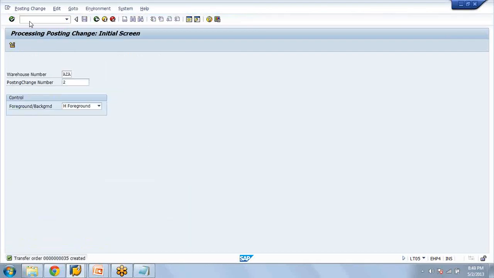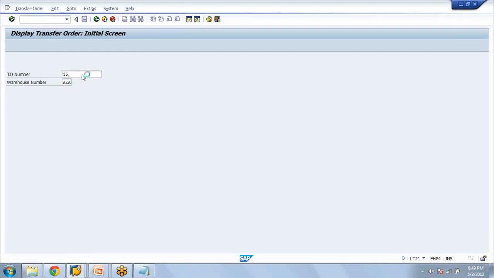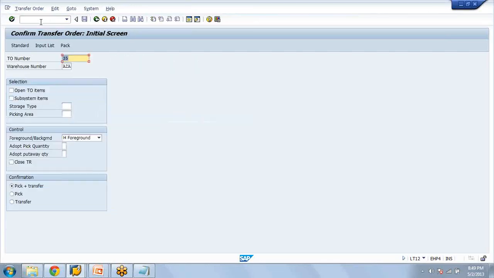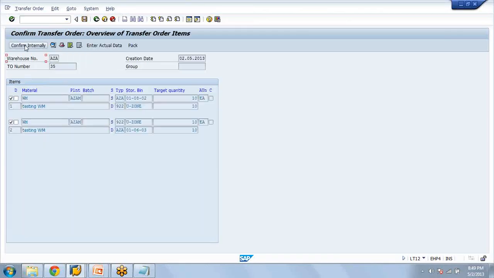LT21, 35. So now see here, it has changed the stock category. Now when you confirm this, LT12, internal LC.